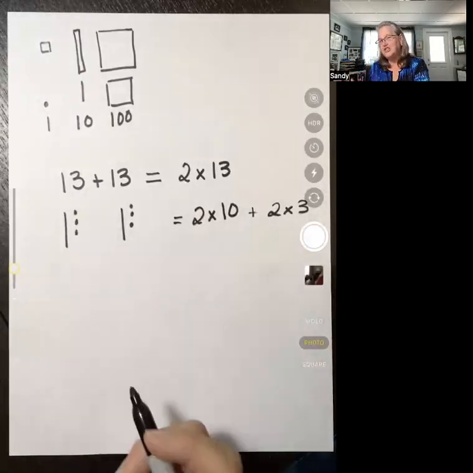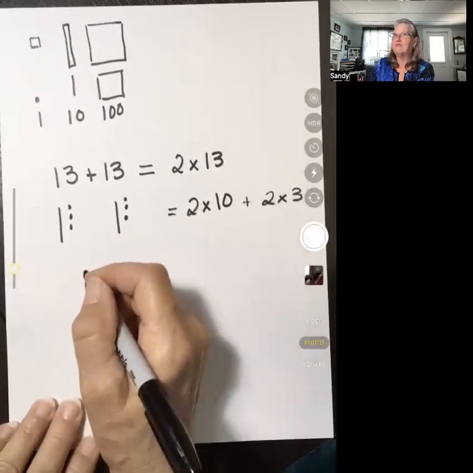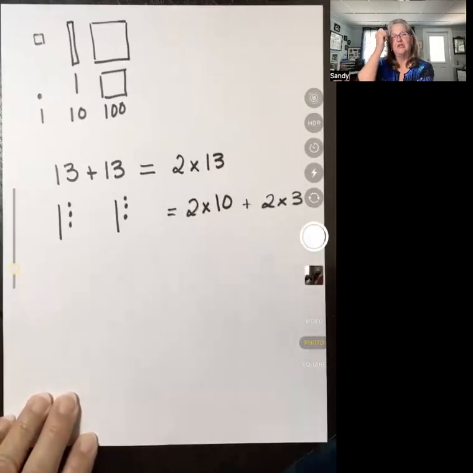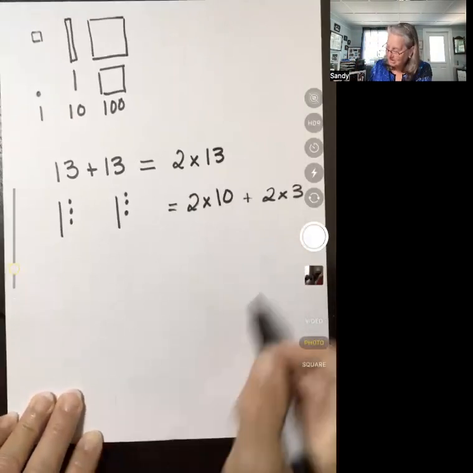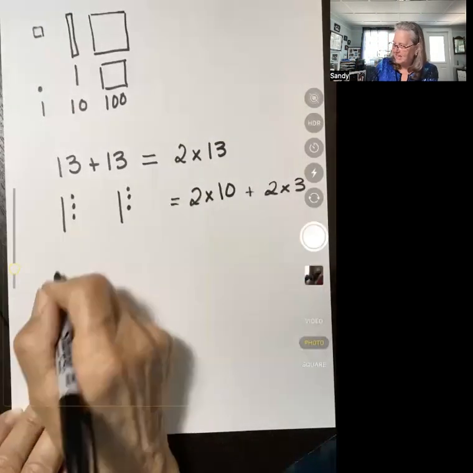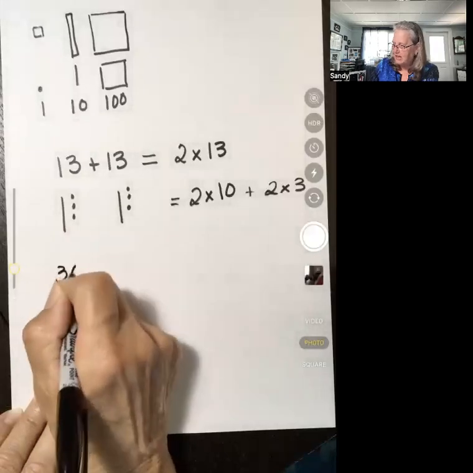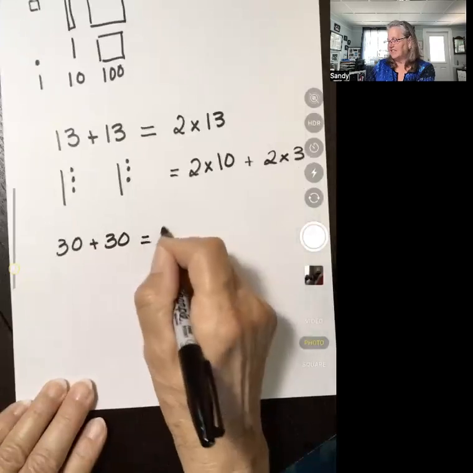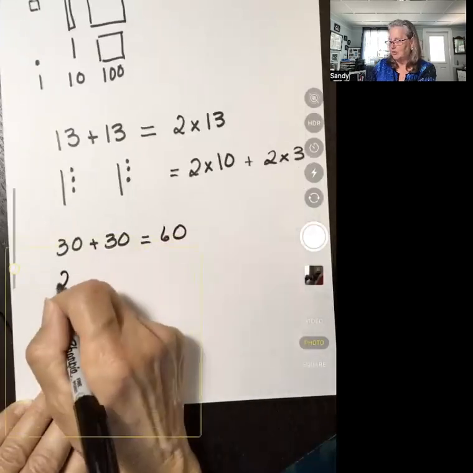The other side you will see with doubles, in terms of using the images to create more mental approaches to computation versus paper and pencil, is if I have double 30, I know that's 60. What's double 29?